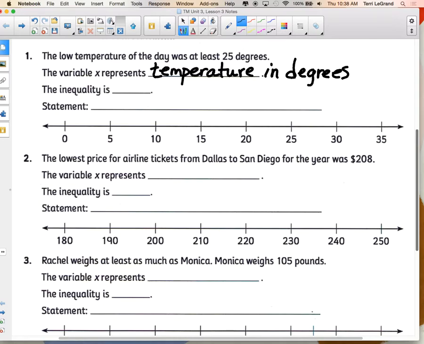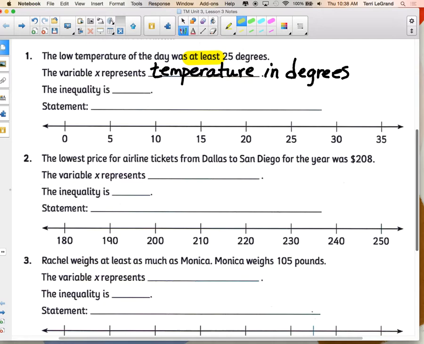But they do give us some more information, okay? When they use these words right here, those are key words, at least. So the low temperature of the day, that would be the bottom end of the temperature. The low temperature of the day was 25 degrees.